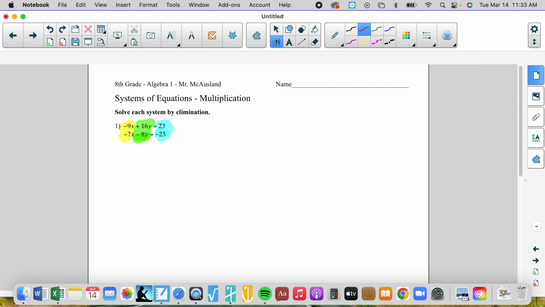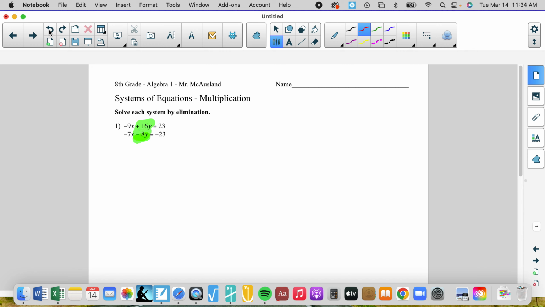But we see that we're kind of close with one of them. We're almost there. They're not opposites, but they're kind of opposites. One is positive, one is negative. One is positive 16, one is negative 8. So we're not there just yet, but is there something we can do?